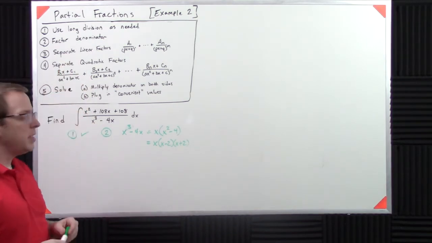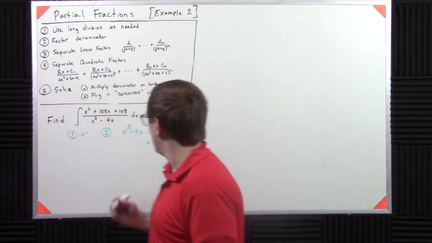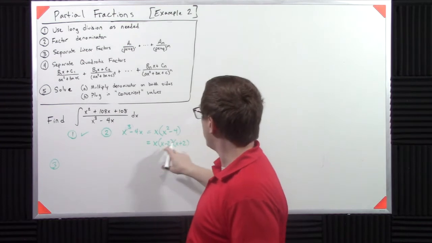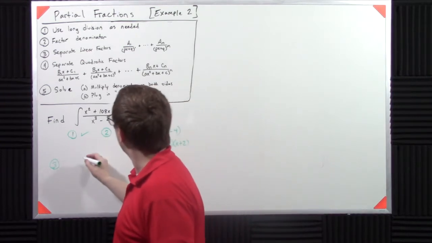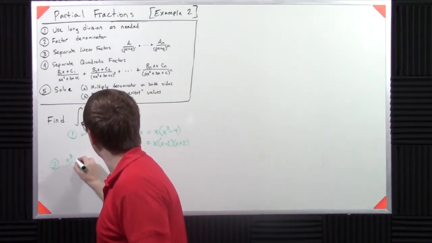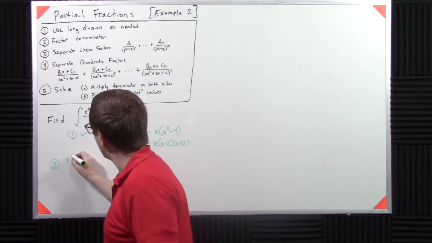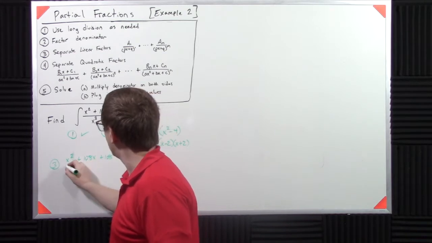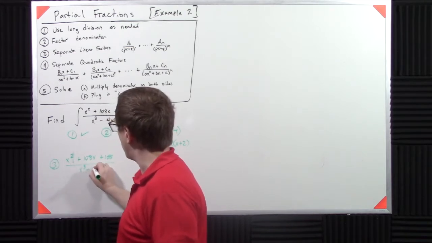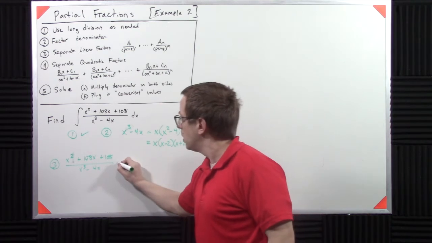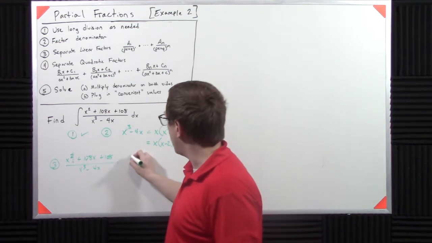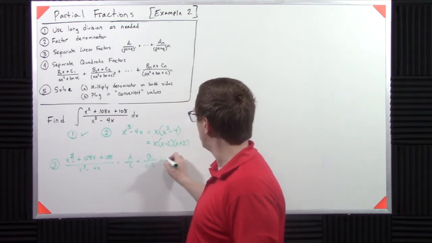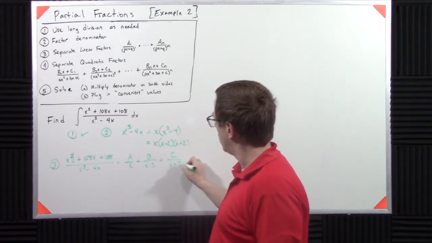The third thing is to separate the linear factors. I have 3 factors here, so (x squared plus 8x plus 108) over (x cubed minus 4x) can be rewritten as A over x plus B over x minus 2 plus C over x plus 2.